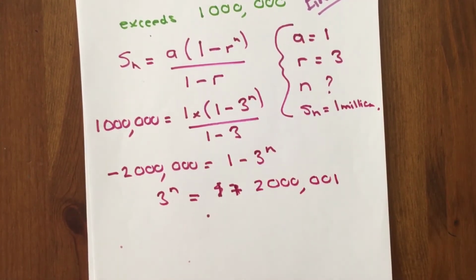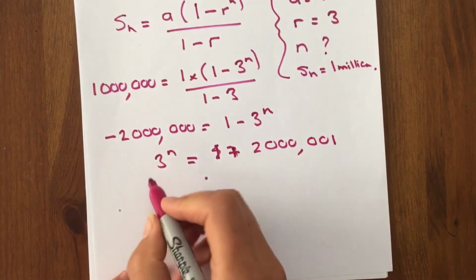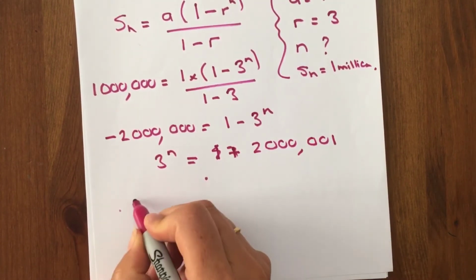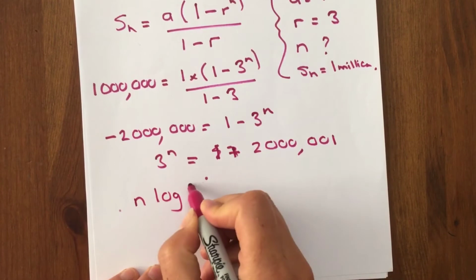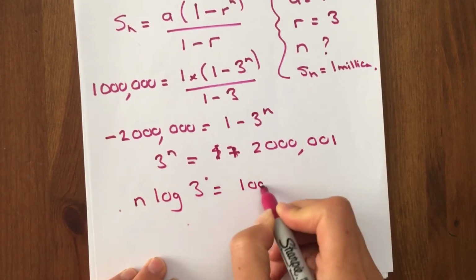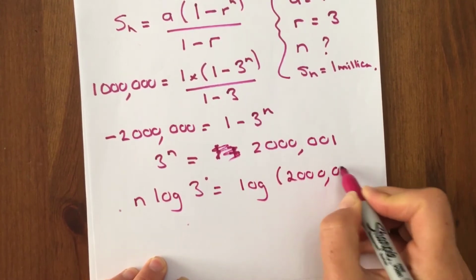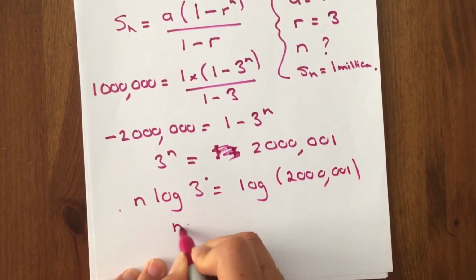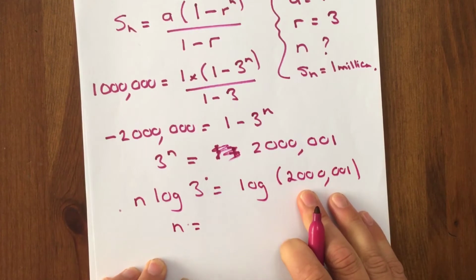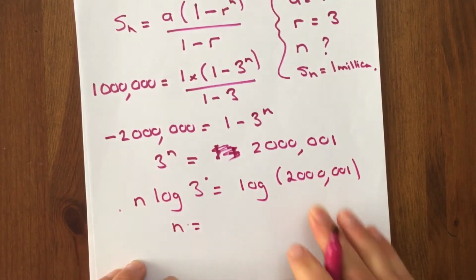Okay. So what do I do when n is in the power? I take logs on both sides and I'm going to release the power. I'm going to bring the power down, and I will have this. Therefore n will equal log of 2,000,001 divided by log 3.